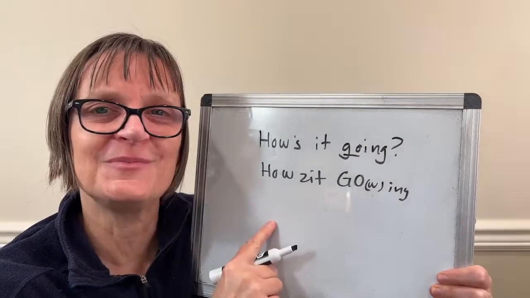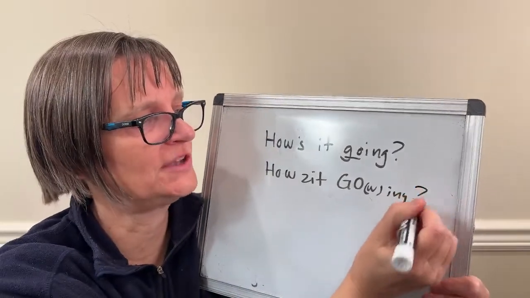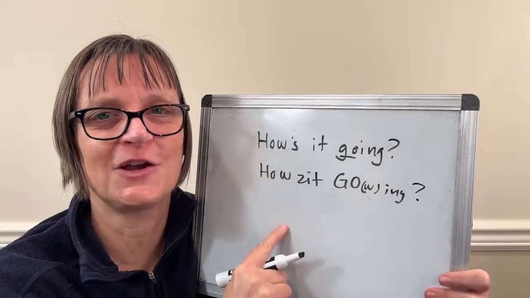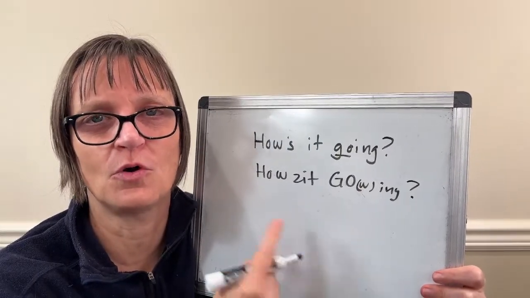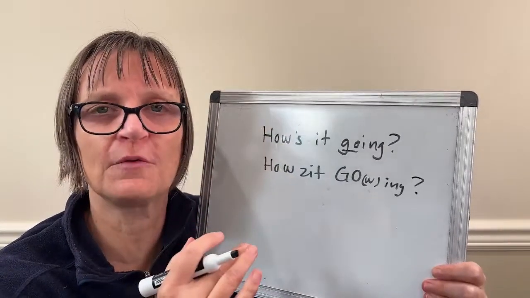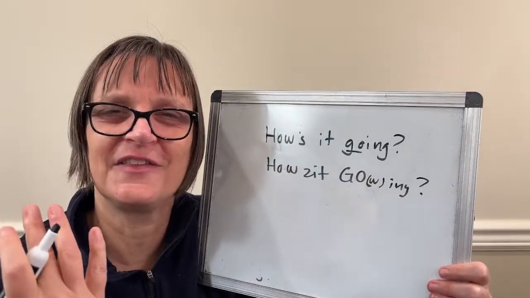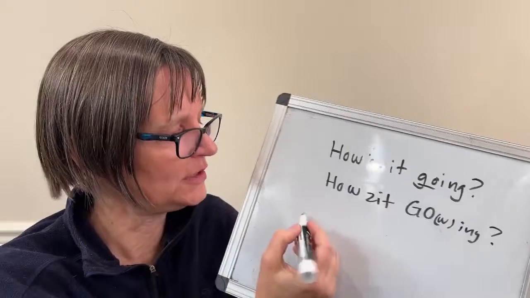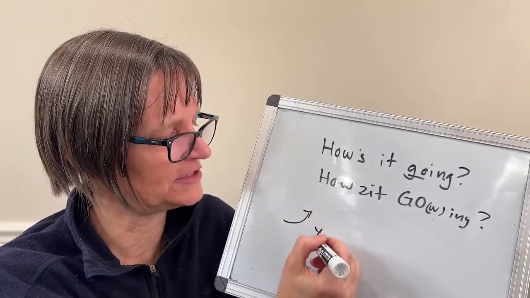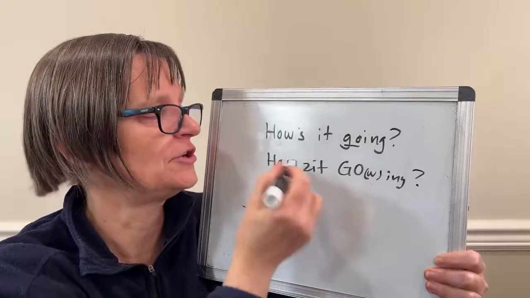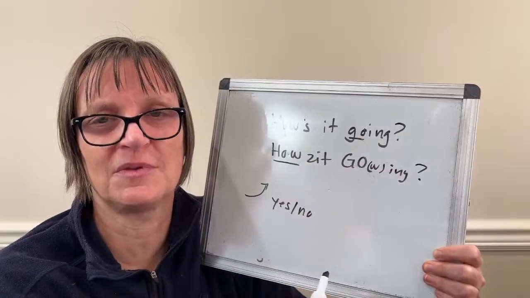And oftentimes people get taught for questions to rise up in their intonation. When we have a question word like who, what, when, where, how, or why, we don't want to rise up. So I don't want to do how's it going with a rise. You can hear how that doesn't sound well. I only do the rise up if I have a yes/no question, which is a question that can be answered with yes or no and doesn't have a question word at the beginning.